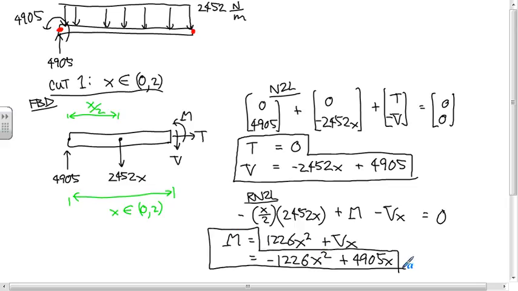We had negative 2452x squared plus 1226x squared. Those add to give you negative 1226x squared. And then we add the 4905 times x here. This is V times x, so you're multiplying all of V times x.